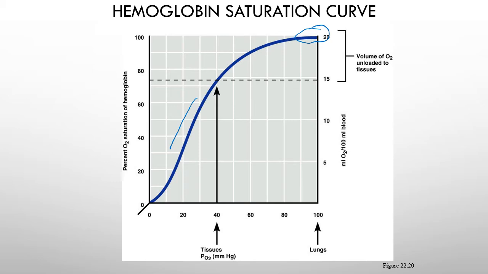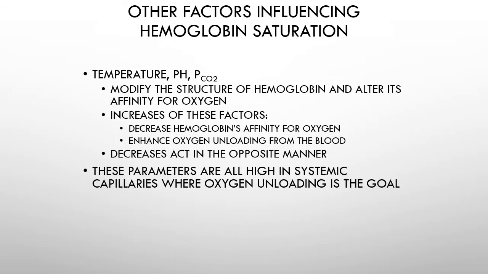In the tissues, we're going to unload down that 20% or so. So if we're at 100%, we're going to get it down 20 to 25% as we come into the tissues themselves. And we can see that we're getting into that steep part of the curve there where we can unload quickly into the tissues as well.